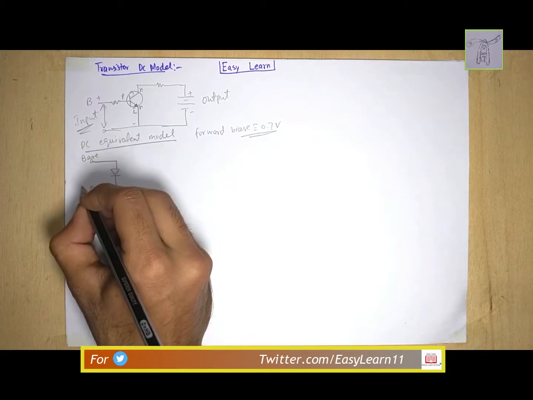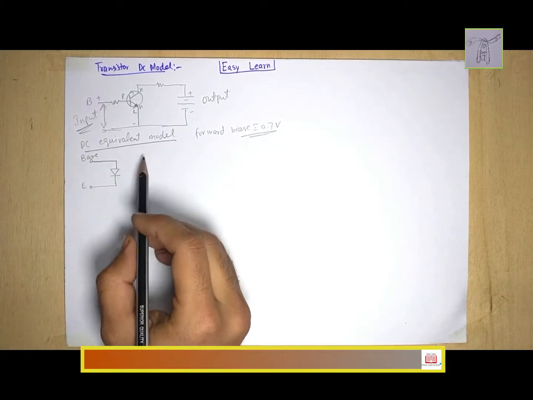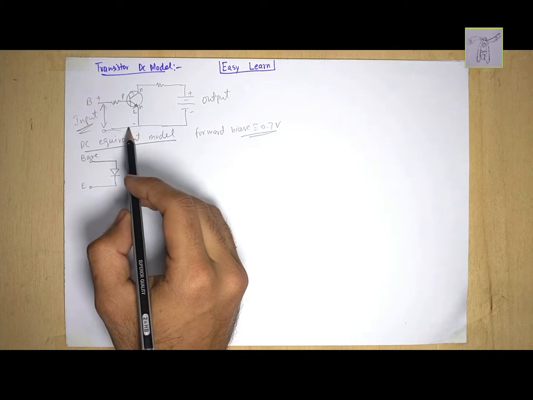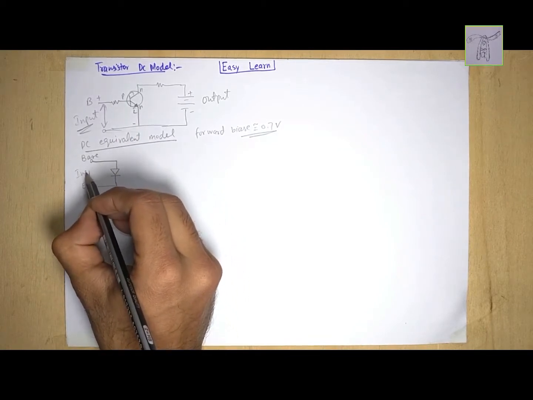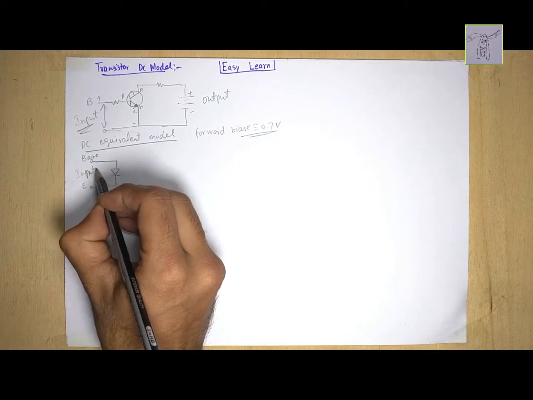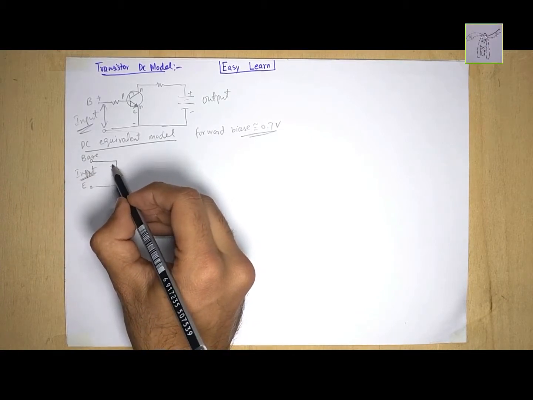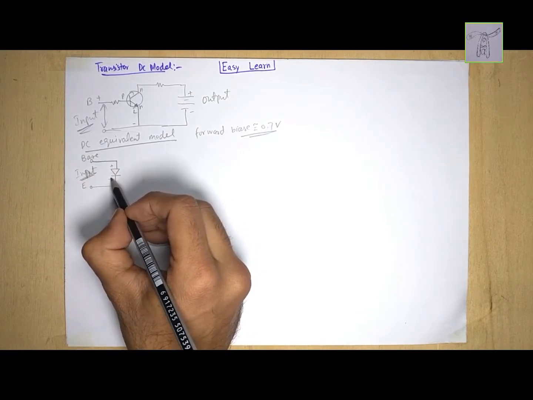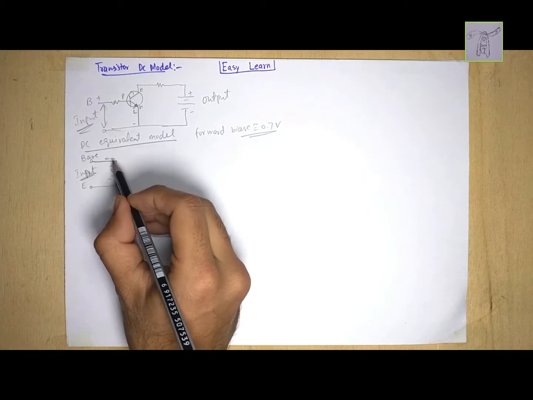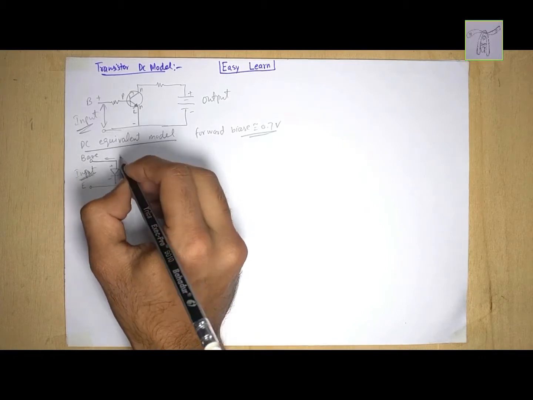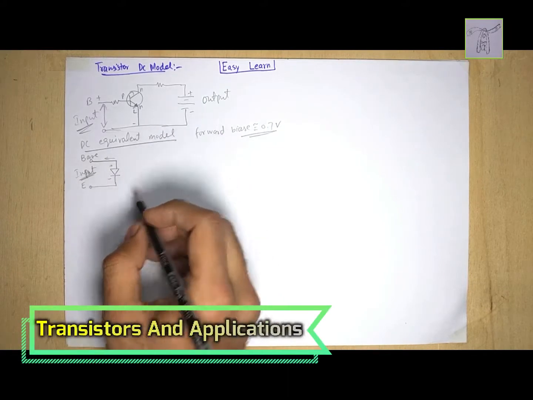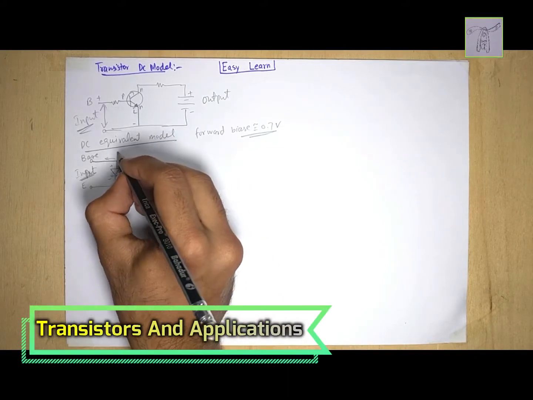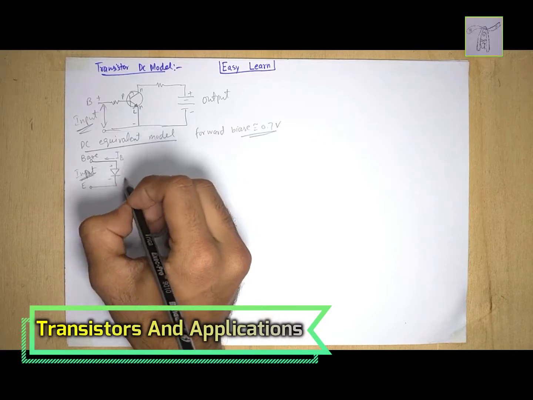This is the base region and this is the emitter region. This is the common, so we can also take this as an input, and this is positive and here it is negative. The current direction is from negative to positive, because we are using electron flow, not conventional flow, and this is the base current IB.